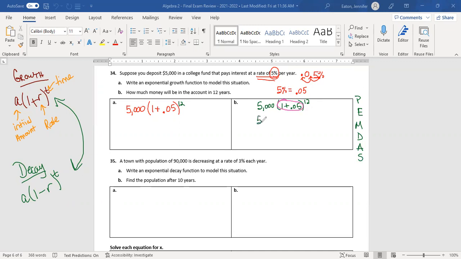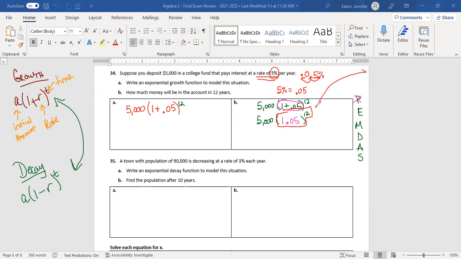So we say 5,000 times 1 plus 0.05 is 1.05, and that is to the 12th power. So we're done with our parentheses. Now we have to do our E, which stands for exponent.